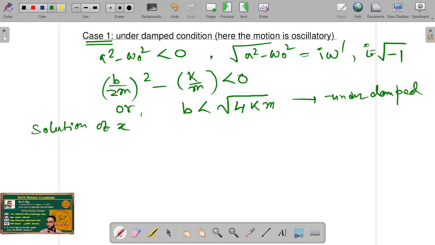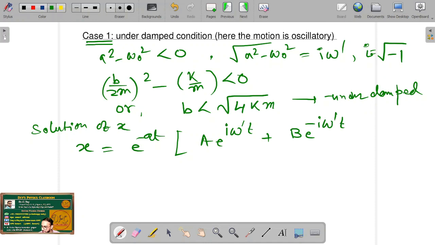For that case, the solution of the displacement would be x equals to e to the power minus at into a e to the power I omega prime t plus b e to the power minus I omega prime into t.